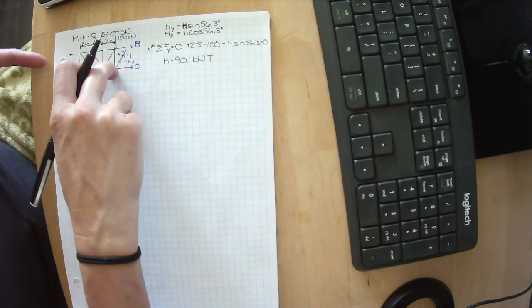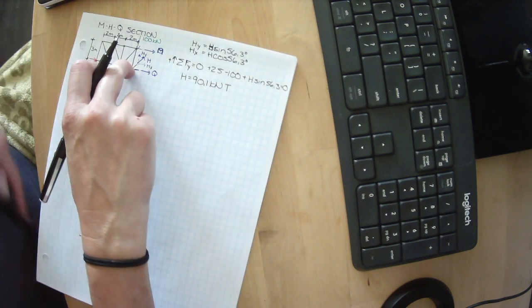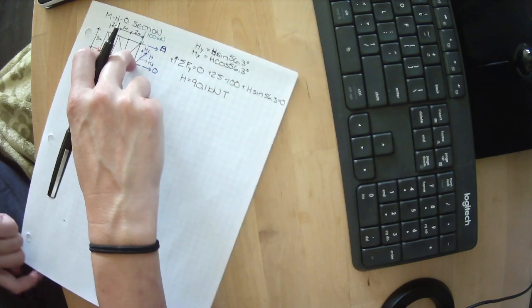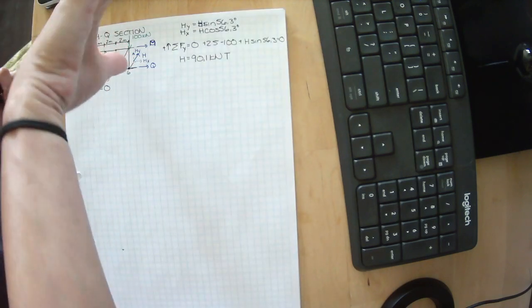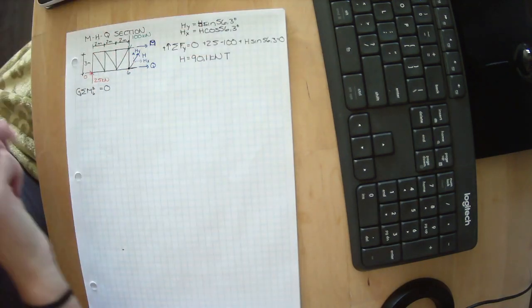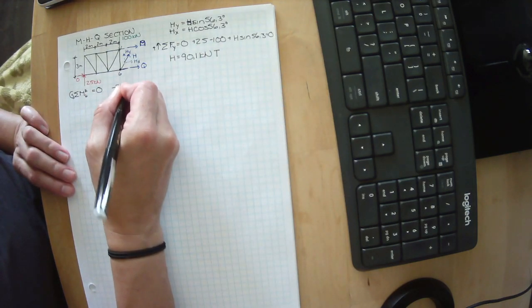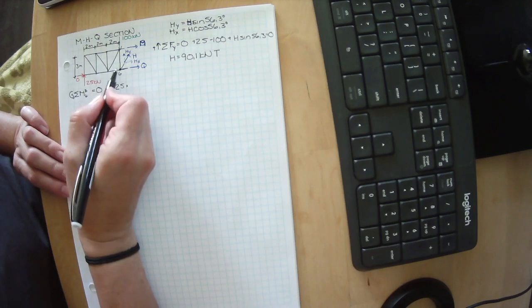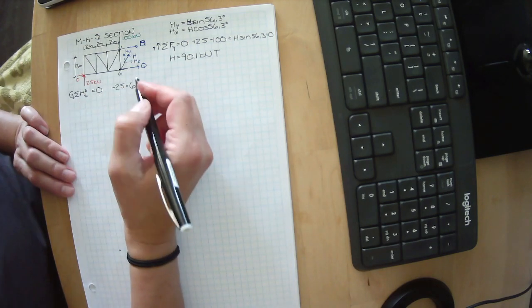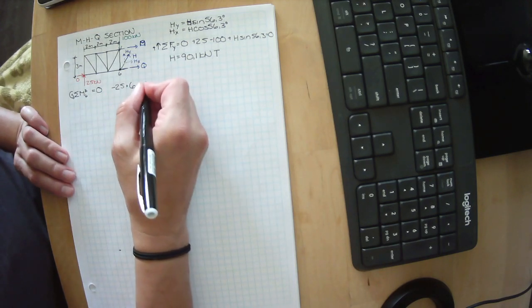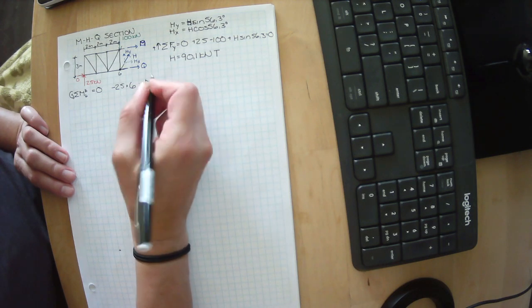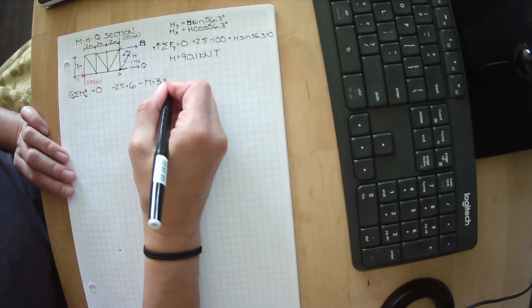So if I put my thumbtack here, M spins it in that direction, and 25 spins it in that direction. Both of those are negative. So we have minus 25 times 2, 4, 6 meters, and we have minus M times 3 meters.